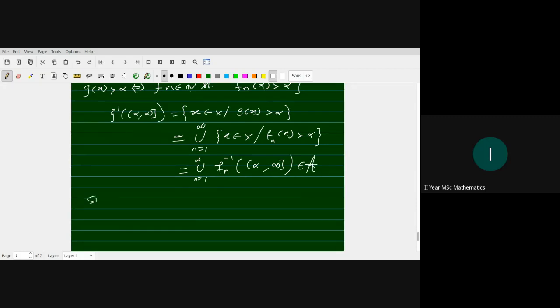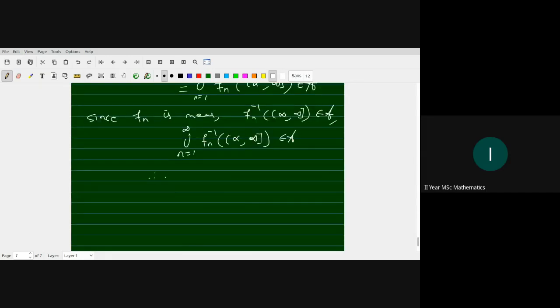Since f_n is measurable, f_n inverse of (alpha, infinity) is measurable, so the union of the f_n inverse of (alpha, infinity) is measurable.